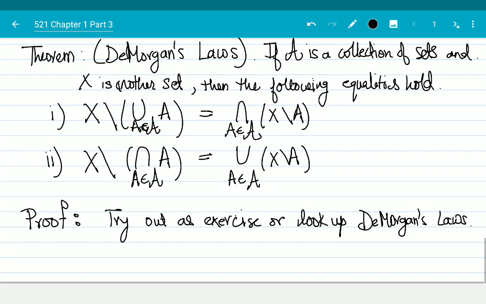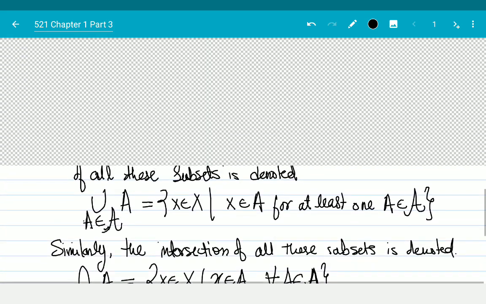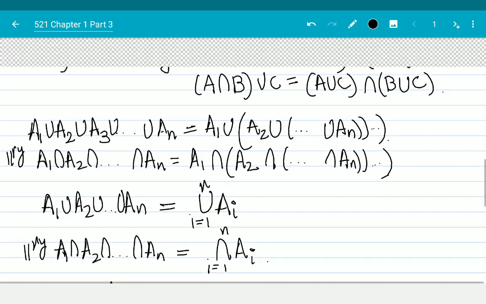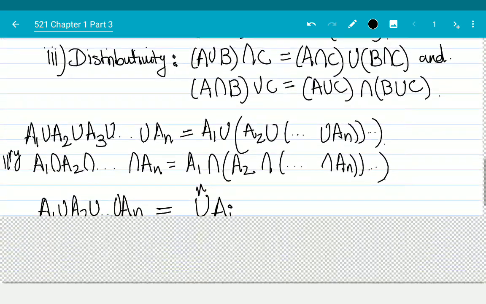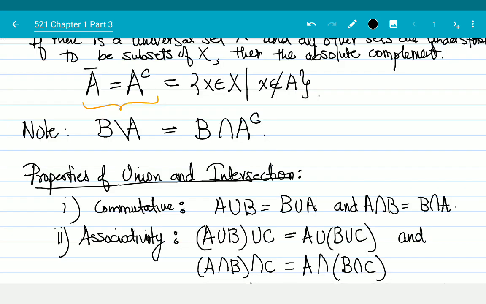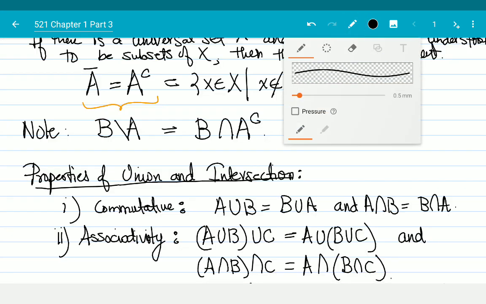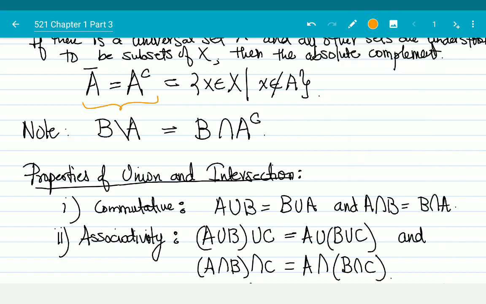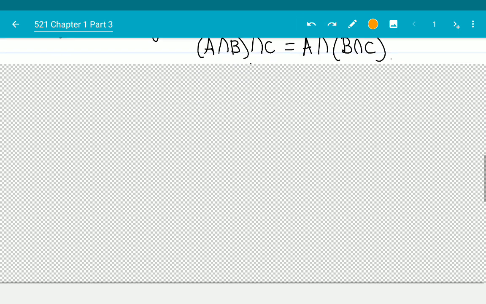You should use this definition of complement, B minus A, and that should work out. It's a pretty easy exercise.